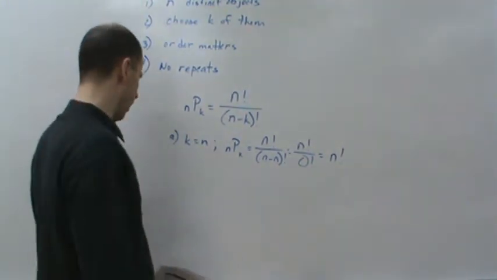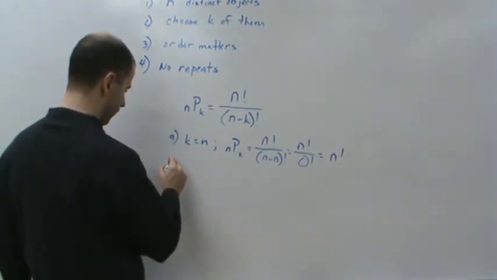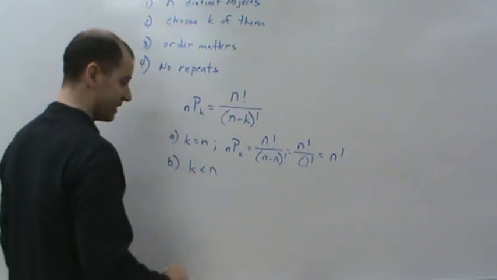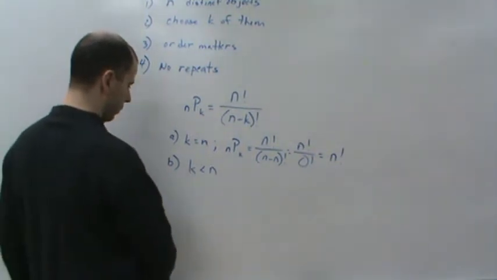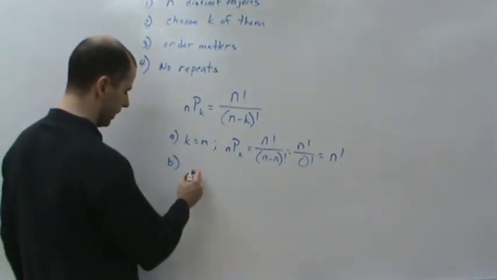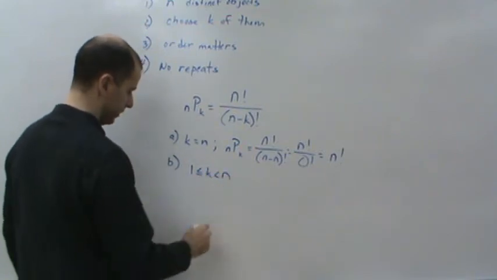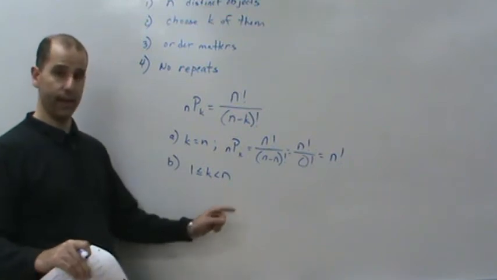Okay? So now, what about the case where k is less than n? Let me make it more distinct: k is at least 1, but less than n.